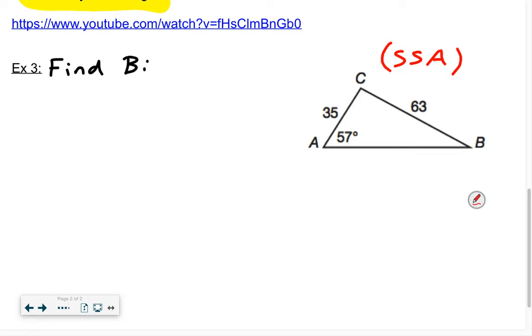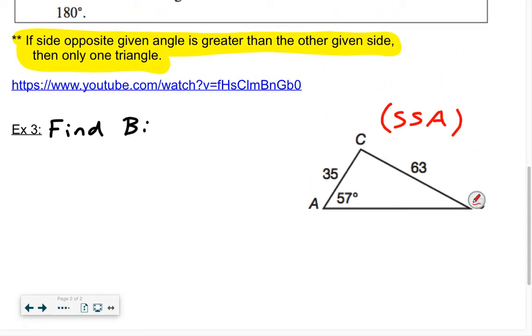I know they give us this diagram, but let's check it. Let's go back to our statement. If the side opposite the given angle is greater than the other given side, then there's only one triangle. Here's the given angle. There's the side opposite. Is it greater than the other one? Yes, it is. Therefore, only one triangle. So we're okay here. This is the only possible triangle that we can create.